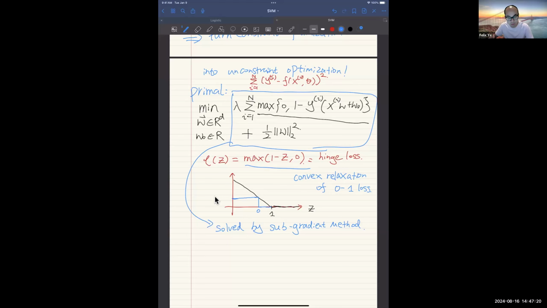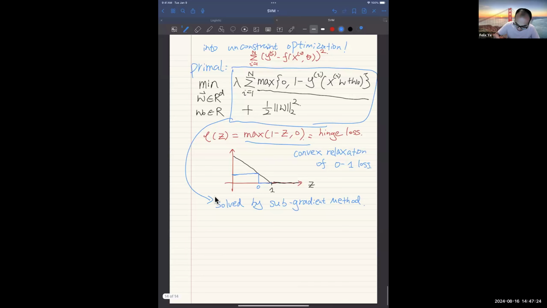Of course, this is also equivalent to writing the following. I'm going to move this lambda into the part of the squared norm.